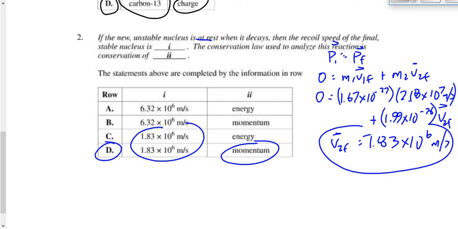That was really back from our magnetism unit, right? Just because it's a different context doesn't mean we can't do that stuff that we learned a while ago. So if you have an explosion, no matter what the context, whether it's a bomb literally exploding or a gun being fired or a nucleus decaying, we can still use the law of conservation of momentum.